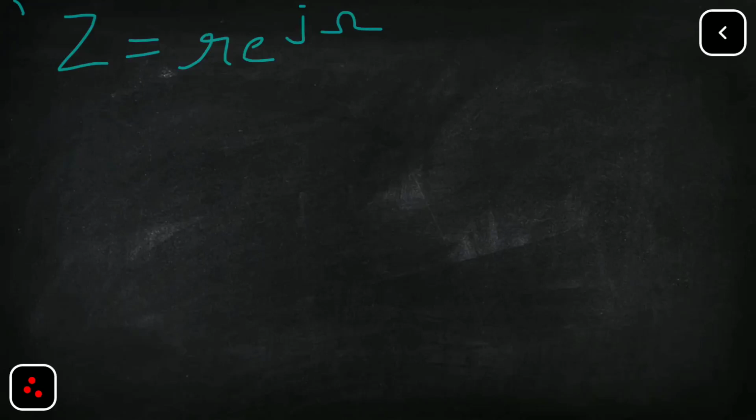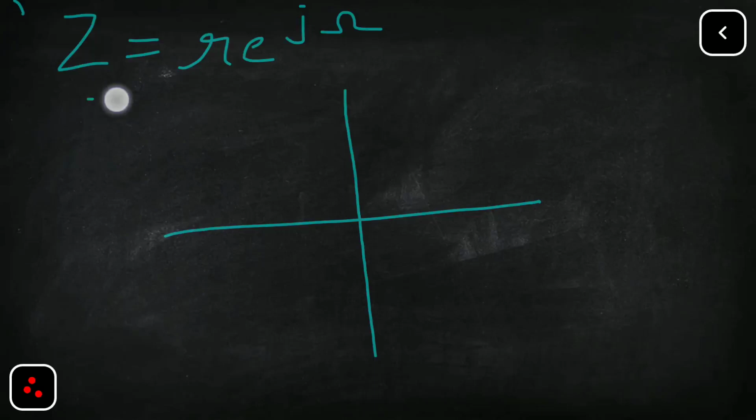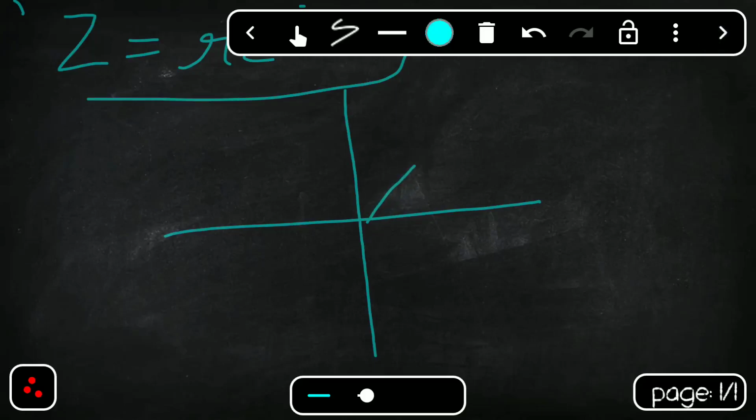So this signal, the point z equal to r e to the power of j omega, is located at a distance r and at an angle omega. So this distance is r. I'm sorry, I'll rewrite it.